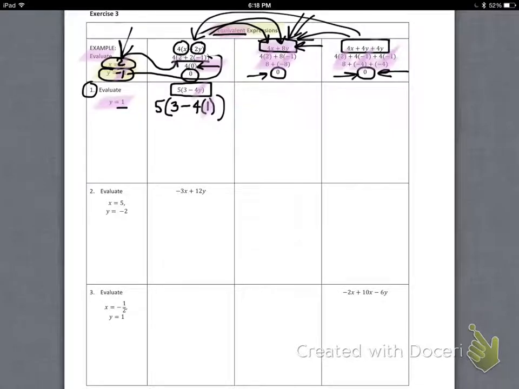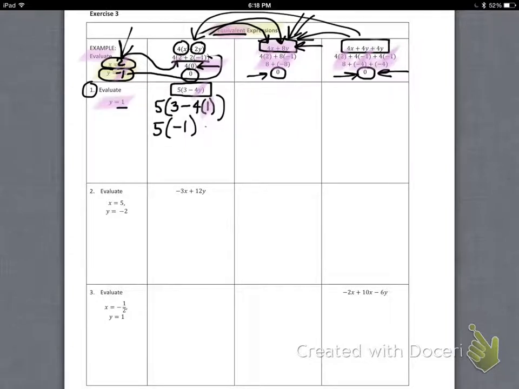If I do the parenthetical stuff, I just go 5, and then 3 minus 4, which is going to be -1, okay? And that's where I'm getting that -1 from in the middle there. I'm going 3 minus 4, okay?